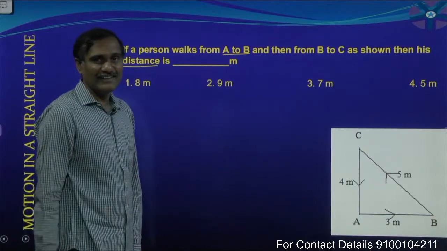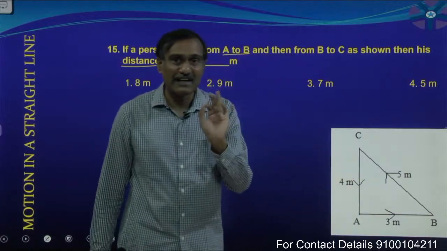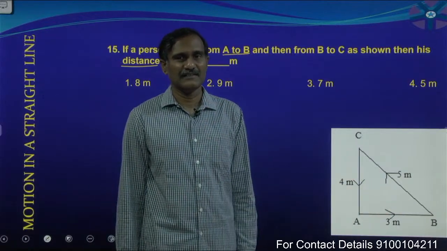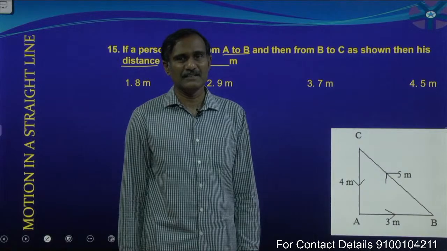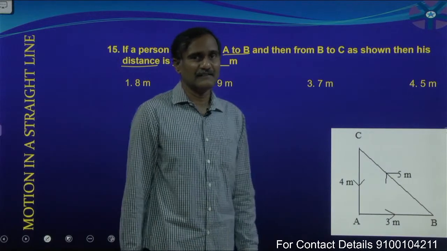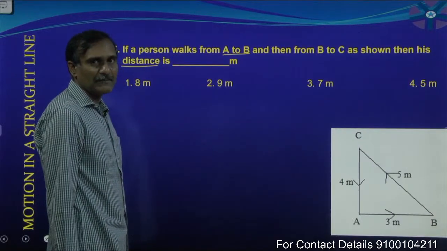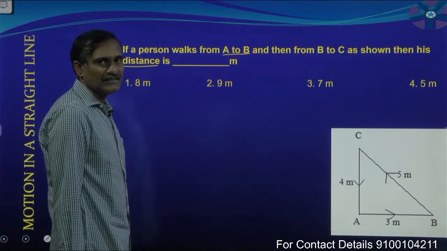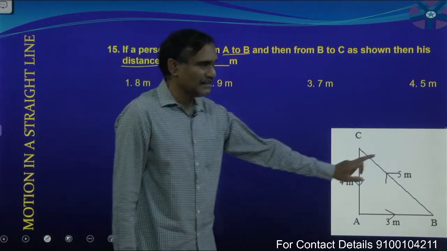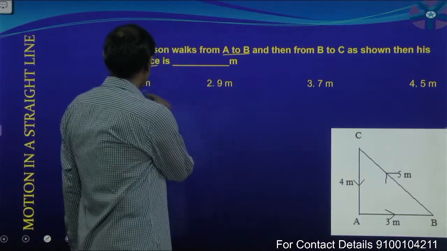Distance is nothing but the actual length of the path travelled. Tell me, 3 plus 5, that is equal to 8 meters.